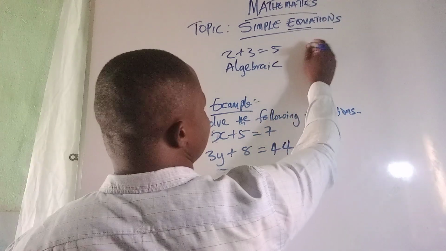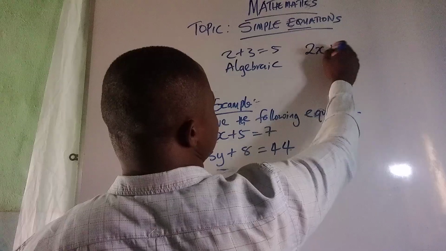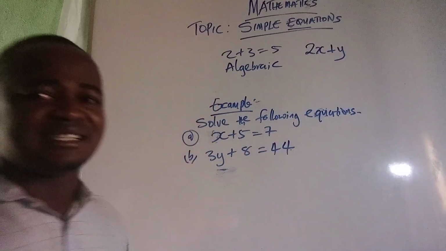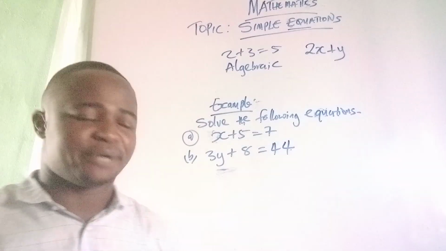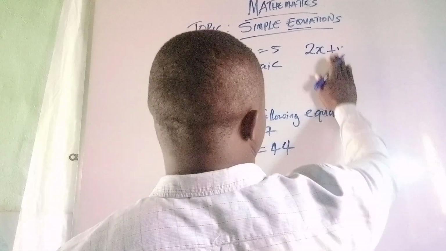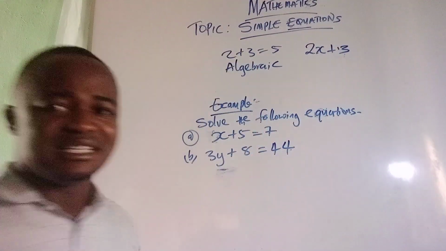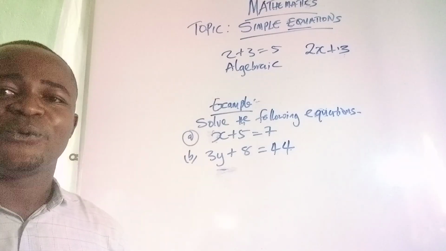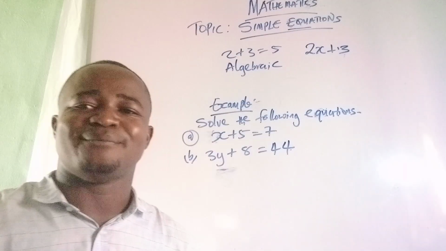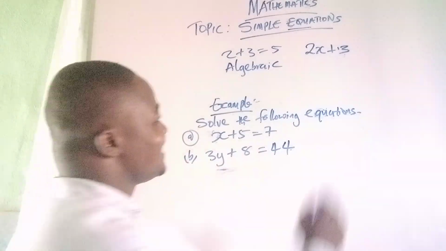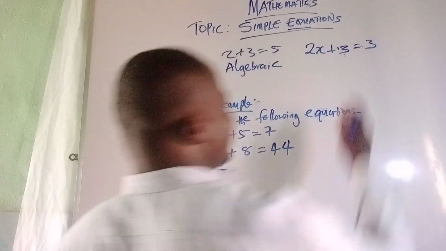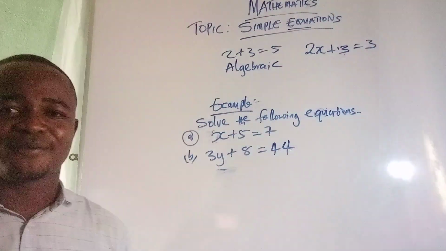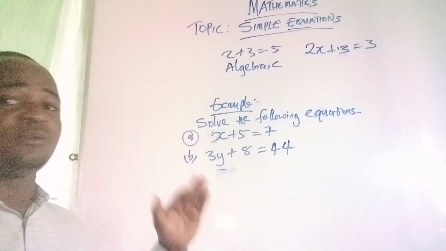If I have 2x plus y, this is an algebraic expression. What if I now have 2x plus 3? It is also an algebraic expression. When I now bring in my equality sign, it becomes an algebraic equation.